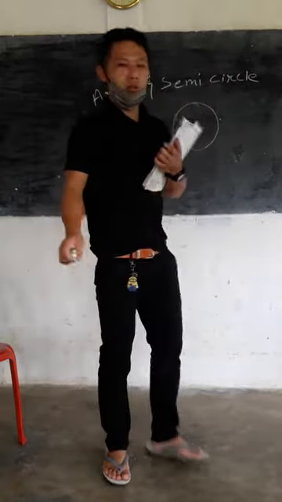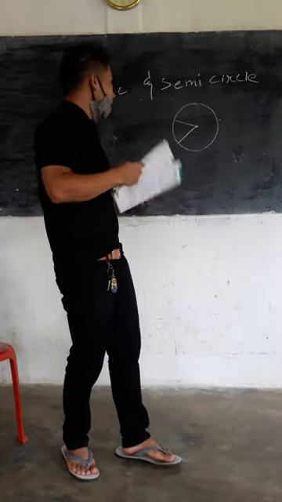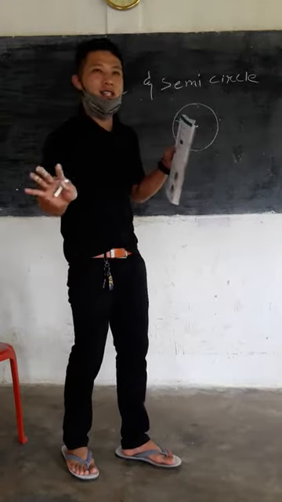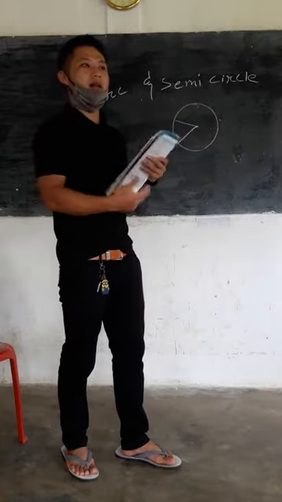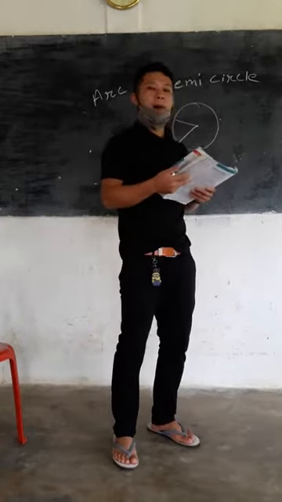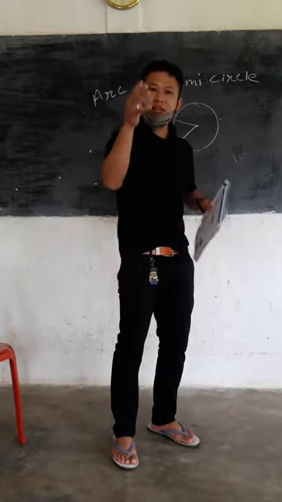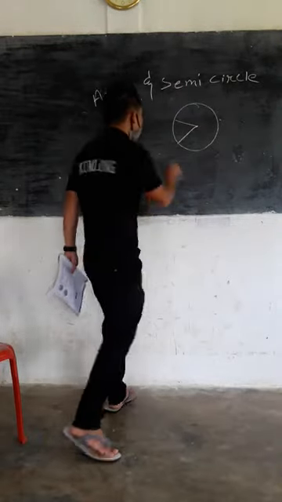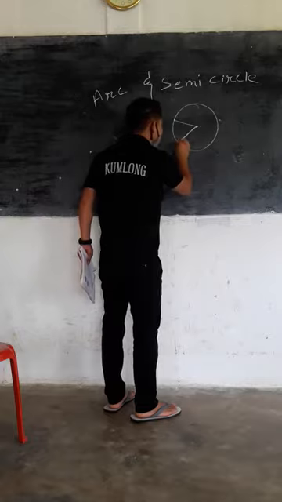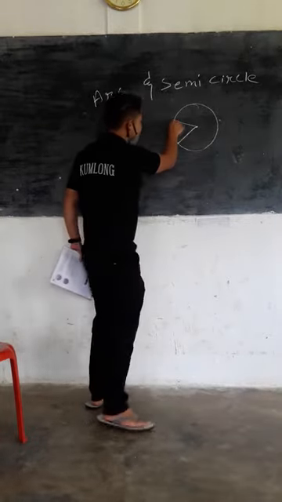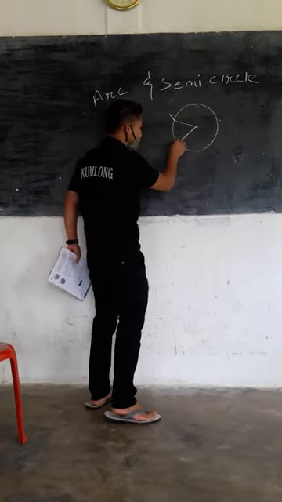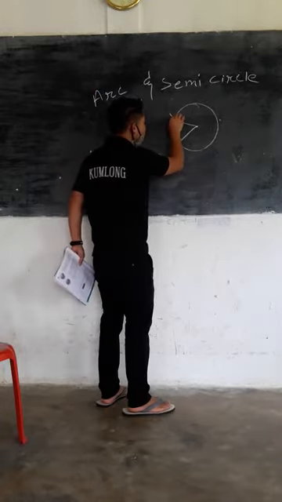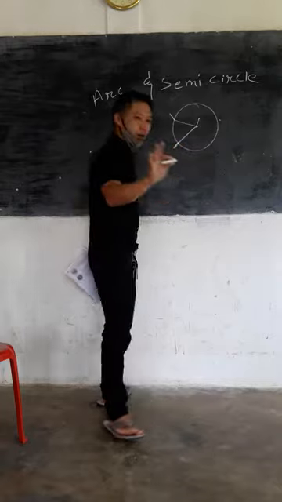An arc is any part of a circle enclosed by 2 points, but it represents 3 points. Why do we call it 3 points? Here is 1 point, here 2 points, but it represents 1, 2, and 3 points of a circle.